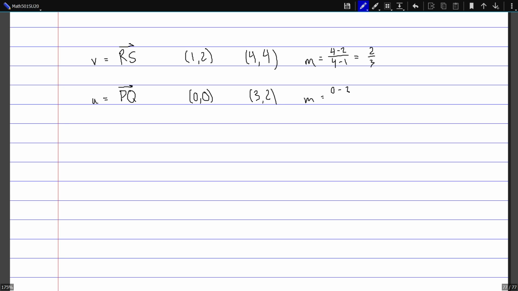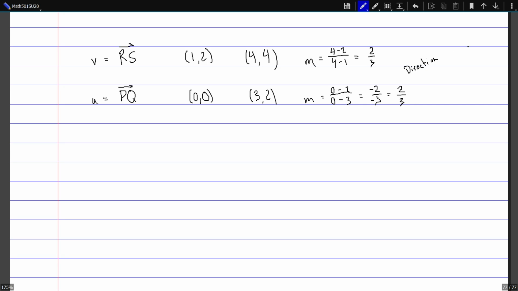This time I'm going to take the first y coordinate and subtract the second y coordinate, the first x coordinate and subtract the second x coordinate. The idea behind slope is that you can do it either way so long as you maintain consistency: first minus second, first minus second, y's on top, x's on bottom. If we do this, we end up with negative 2 over negative 3, and removing a factor of negative 1, this becomes 2/3. So we've determined that they have the same direction.